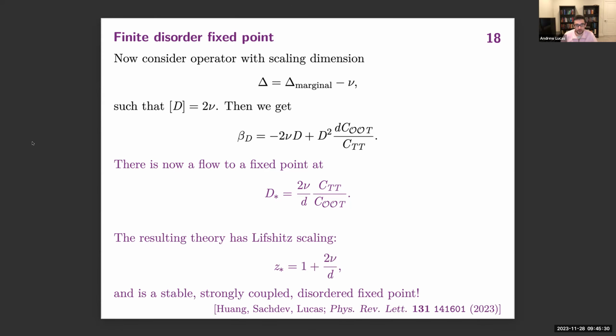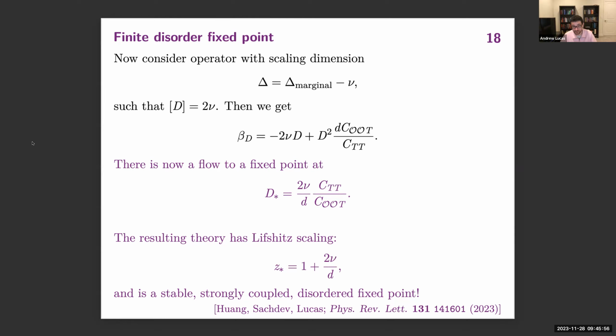The resulting theory you can show would have Lifshitz scaling. So starting from a CFT in d spatial dimensions and turning on this Harris marginal scalar disorder, at least in this kind of holographic setting where we only worry about the OOT OPE, we predict that there is a basically universal IR fixed point with Lifshitz exponent 1 plus 2 nu over d.